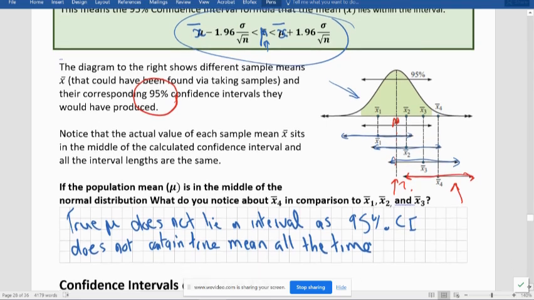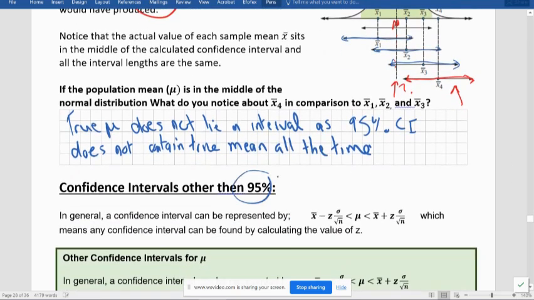All right. Yeah, so you just need to realize that's what 95% means.